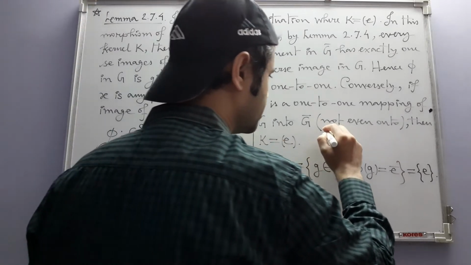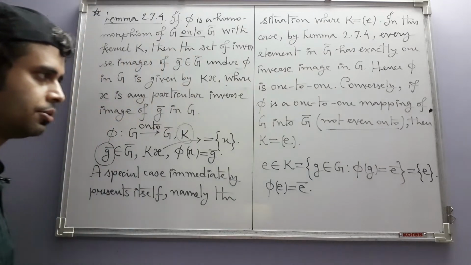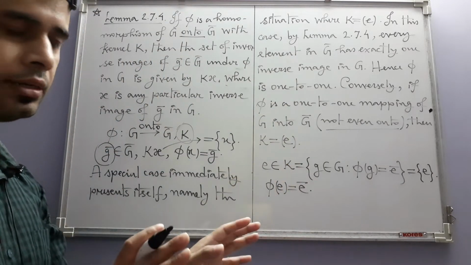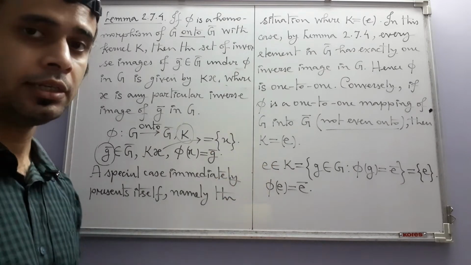And what about this not even onto? Note that in this converse part we did not need onto-ness of phi anywhere.